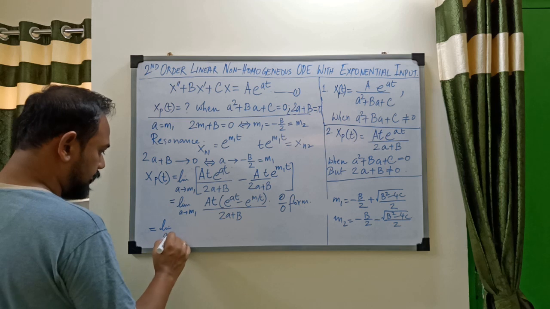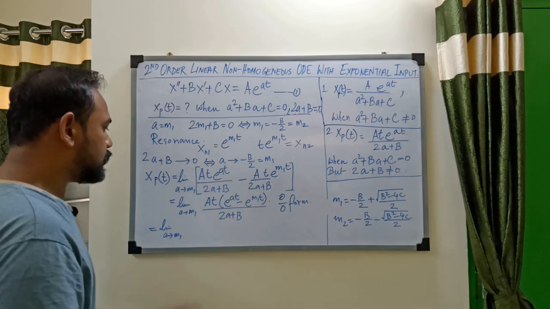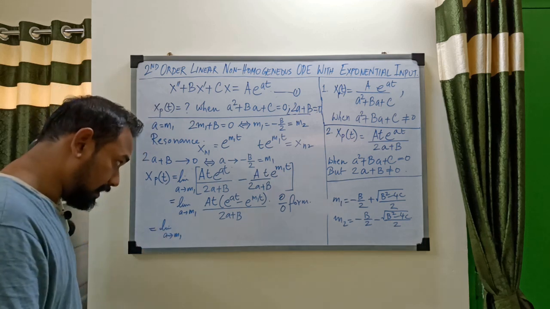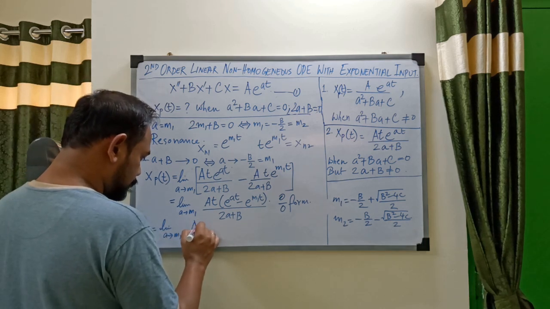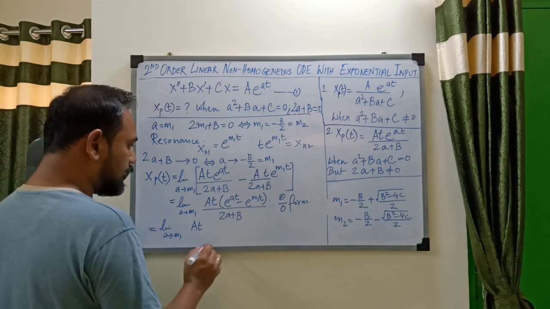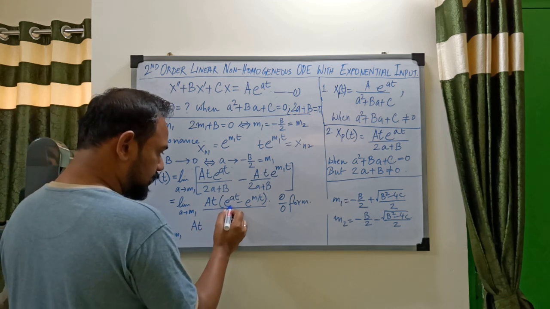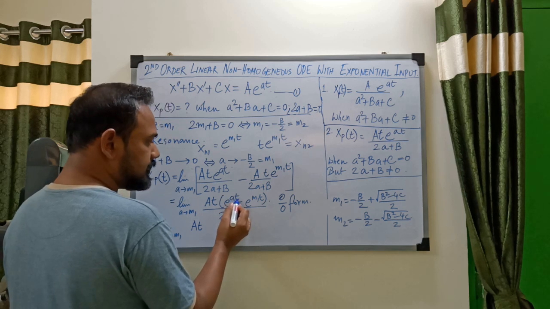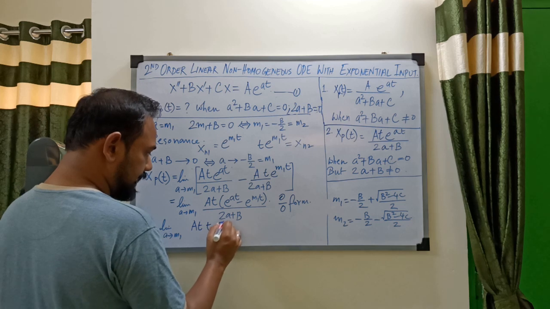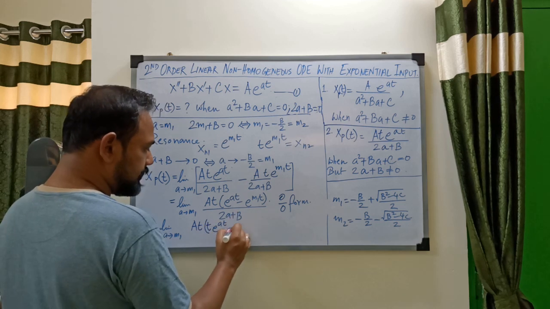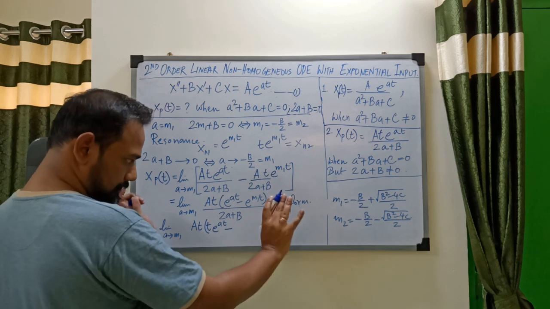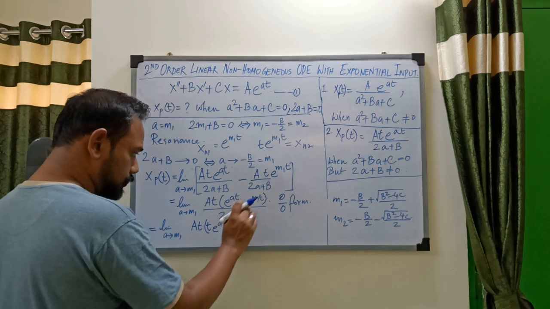So let's just do that. Limit a going to m1, differentiate both numerator and denominator with respect to a, because that's the variable. Let's do that for the numerator first. Capital A and small t are constant with respect to small a, so they remain what they are. For this one, small a is the variable, t is the constant, so that comes down, and you have e to the power a t. Minus, well, this is constant with respect to small a, that's 0, so we don't get any contribution from that.